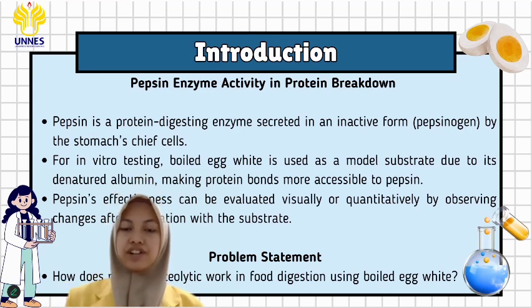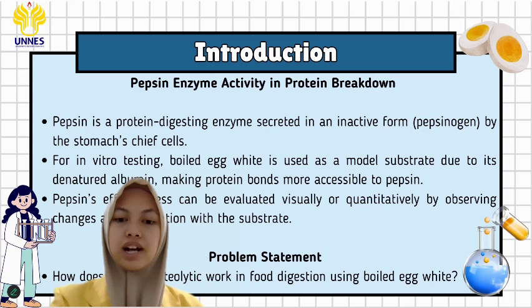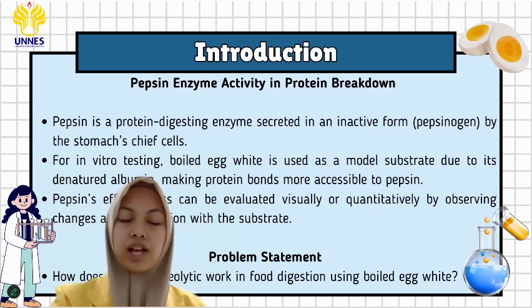The first is the introduction, which includes the background of the study. Pepsin is a protein-degrading enzyme secreted in an inactive form, pepsinogen, by the main cells of the stomach. To test its activity in vitro, boiled egg white is often used because it contains denatured albumin, so that its protein bonds are easier to break down.